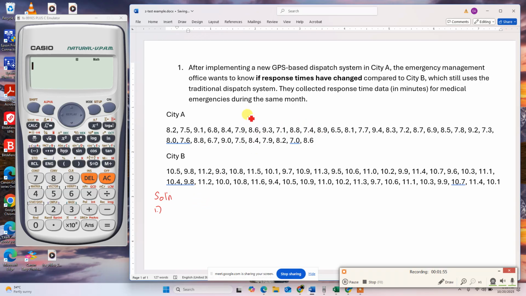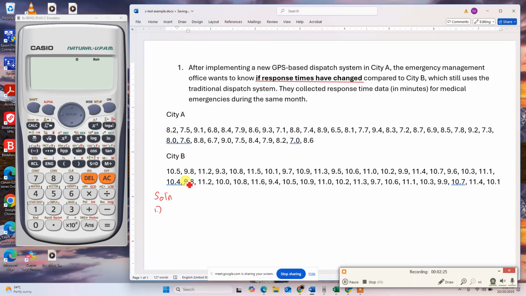In this case, as we can see here, we have "if the response times have changed." We can translate this phrase into a mathematical statement.